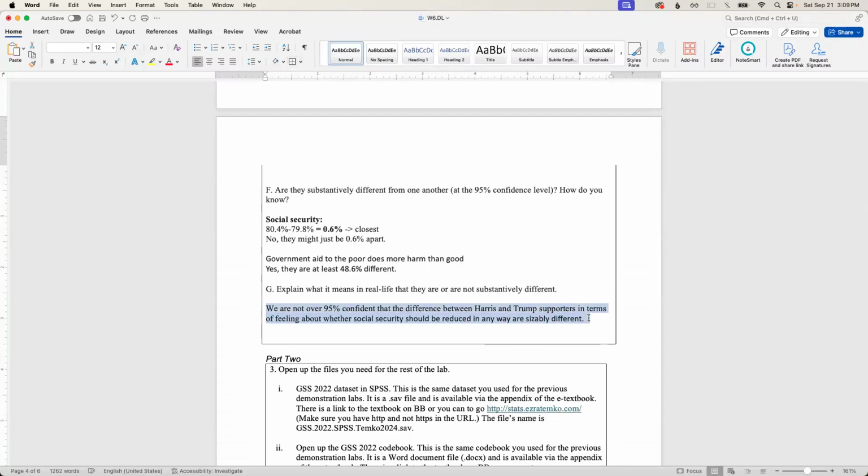Again, we were confident that they were different, but we're only confident they're at least 0.6% different.